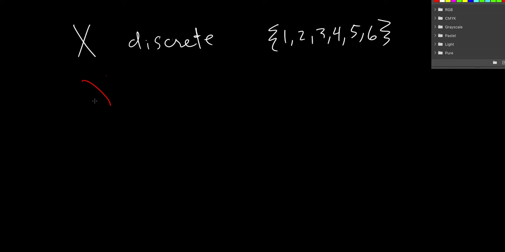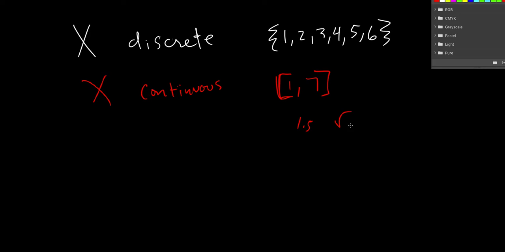We can also have a continuous random variable. And that's where we could have any possible real number in between two numbers. So maybe we can get between 1 and 7. But that means we could have an outcome of 1.5.